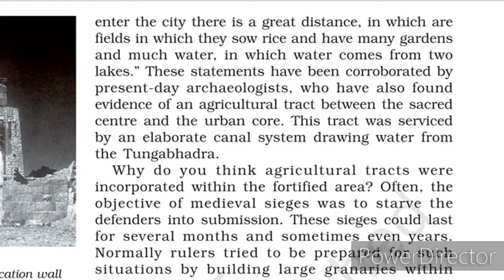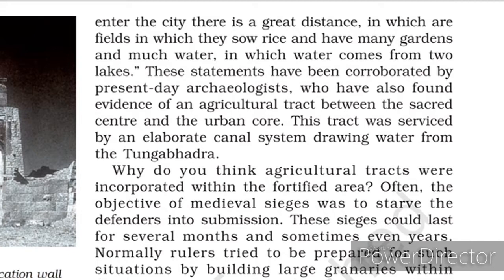Means from the gate, from the entrance to the main city, it has got a great distance, in which, that means between the gate and the main city, you will come across paddy fields, many gardens, and water, and all this water comes from 2 lakes.